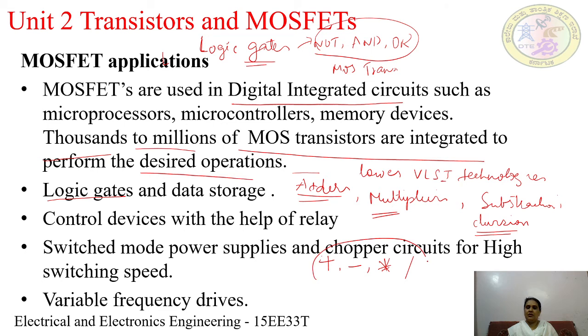So what are these? These are the basic operations of the arithmetic and logic unit. It means the MOSFETs can construct the ALUs. Also, the MOSFET is used for the construction of the memory. What is memory? Storing information in the form of binary digits is known as memory.